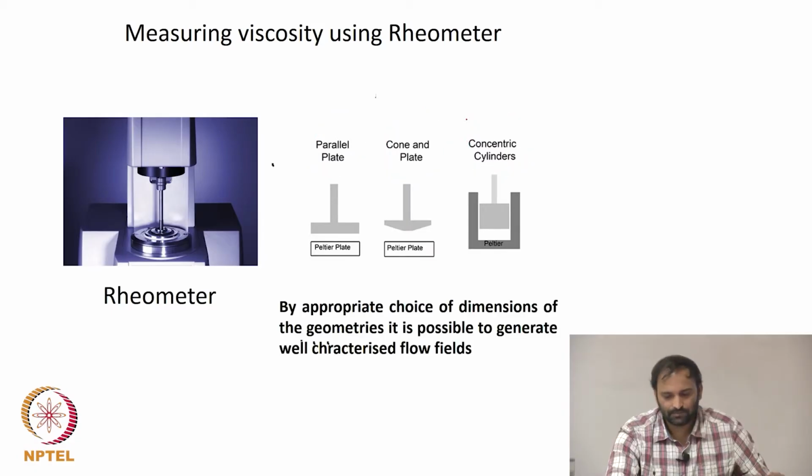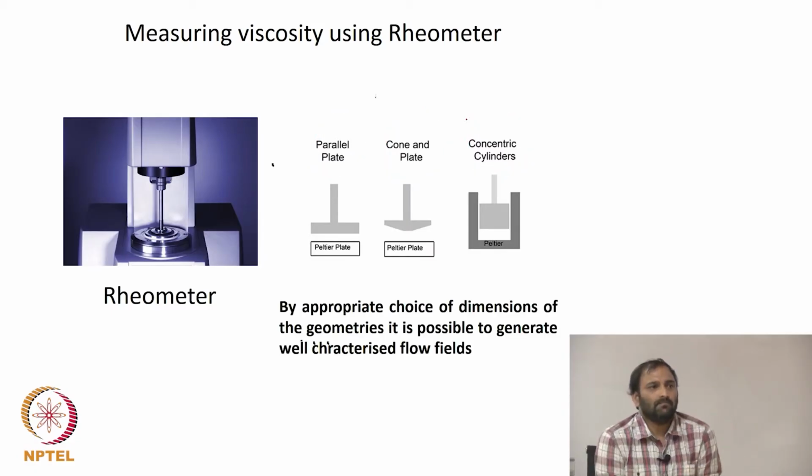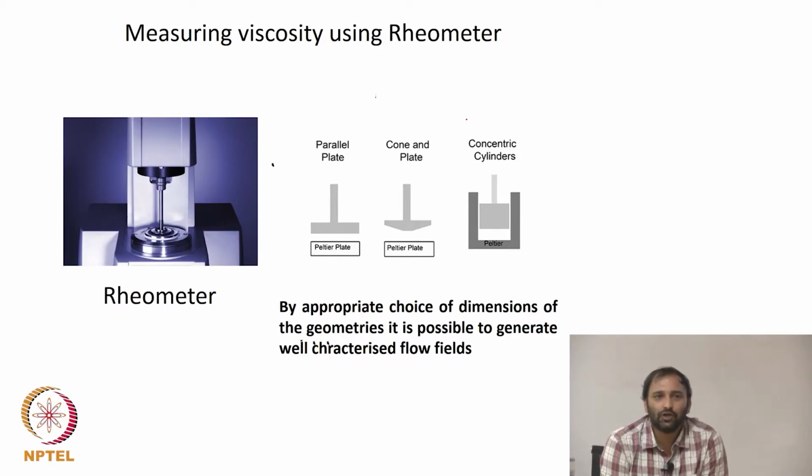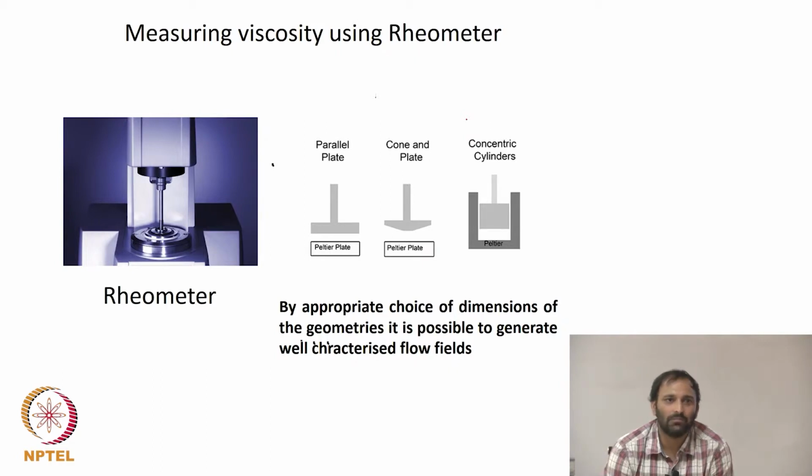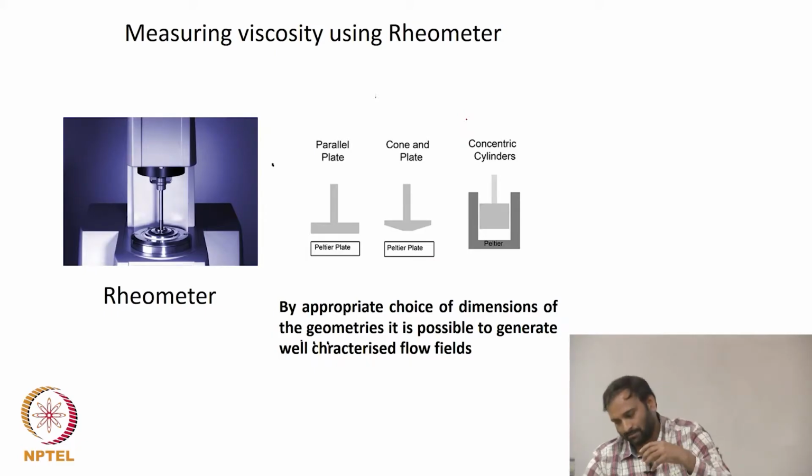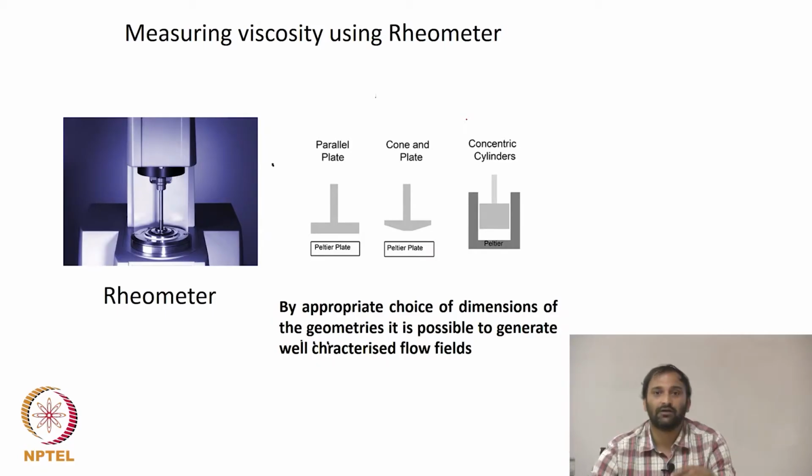Let's look at this now. When I say that these geometries are used for measuring flow properties, you have to do something. What I mean by that is, Sumesh showed some videos, right? If you had concentric cylinders with fluid in between them, and you were rotating one cylinder, you talked about the Taylor number.